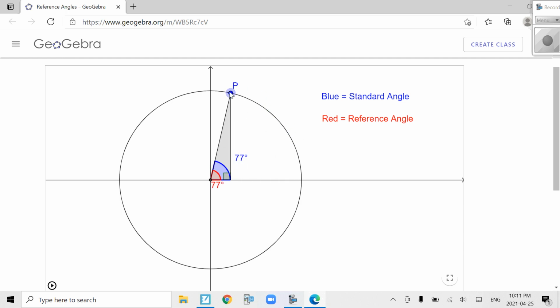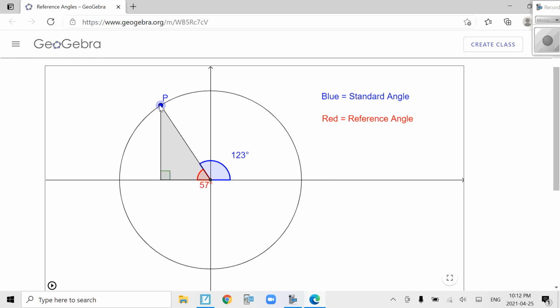Now let's move over into quadrant number 2. So moving over into quadrant 2, for example, this angle here, 115 degrees. So it's in quadrant 2 because it's greater than 90 but less than 180. Notice the red reference angle here is the angle that I make with the terminal arm and the negative x-axis here.